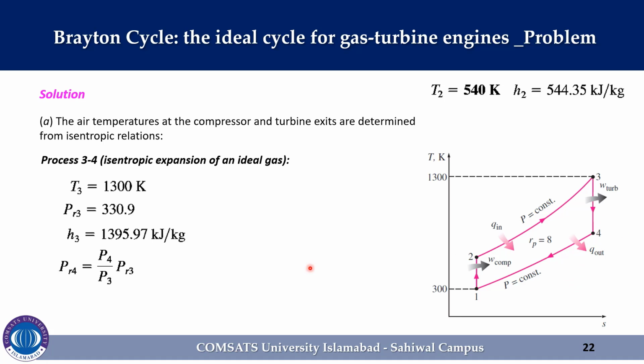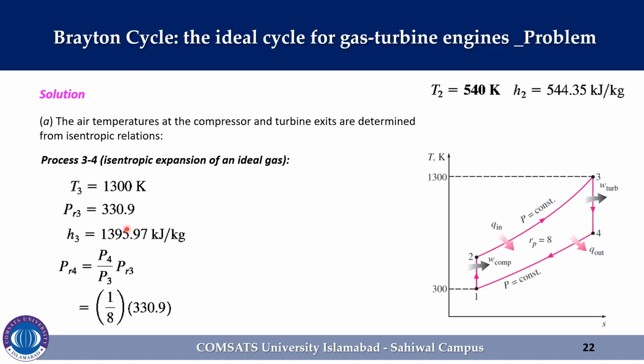Because process 2 to 3 is the constant pressure heat addition process and process 4 to 1 is the constant pressure heat rejection process. So we can write this equation as P4 over P3 replaced with 1 over 8, and we also know the value of PR3, that is 330.9.